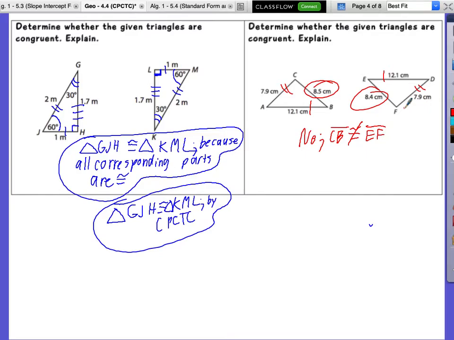So I had triangle ABC is not congruent with triangle DEF because the line segments CB and EF are not the same number. Yes, that would work as well. It's longer, but that would work as well, right? Okay. So Paige said this triangle is not congruent to this triangle because these two segments are not the same number. So they're not congruent. Questions? Comments? Concerns? Next page, please.